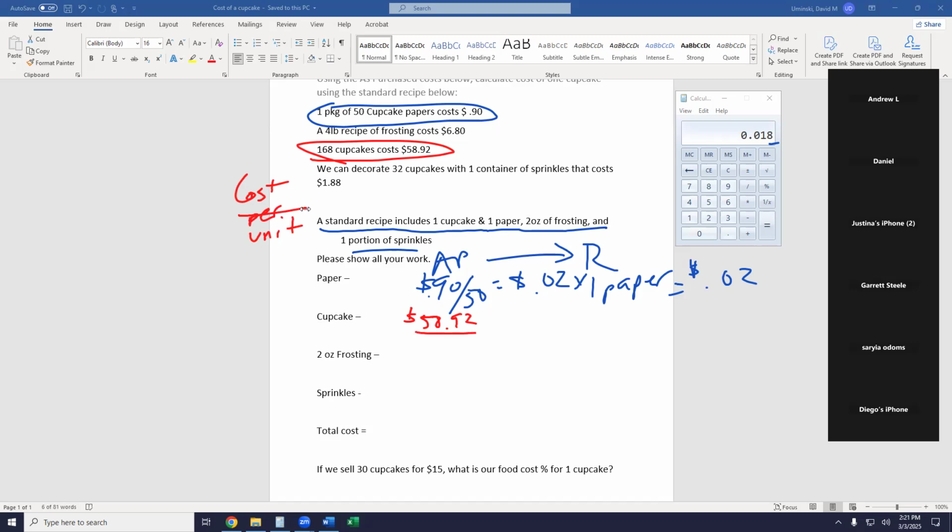So cost per unit of 168 cupcakes: 58.92 divided by 168 is 0.3507. So that's going to get rounded up to 36 cents per cupcake. We need one of those, so that's 36 cents.